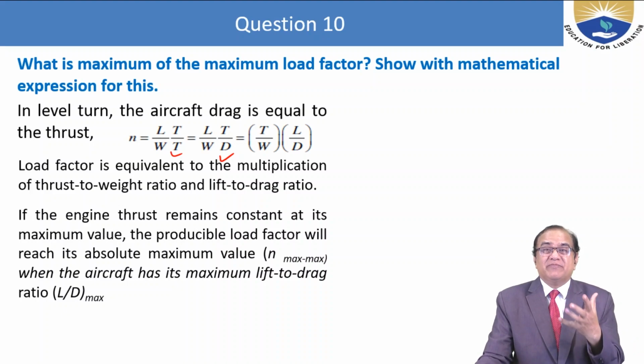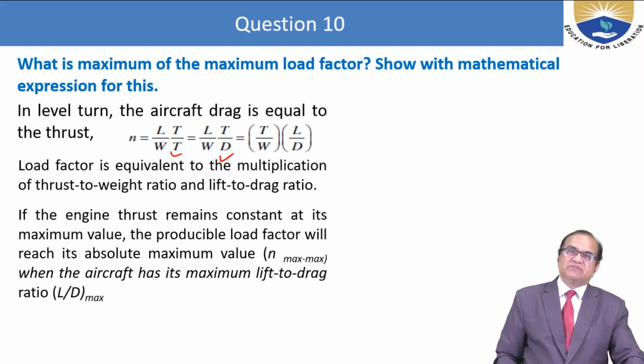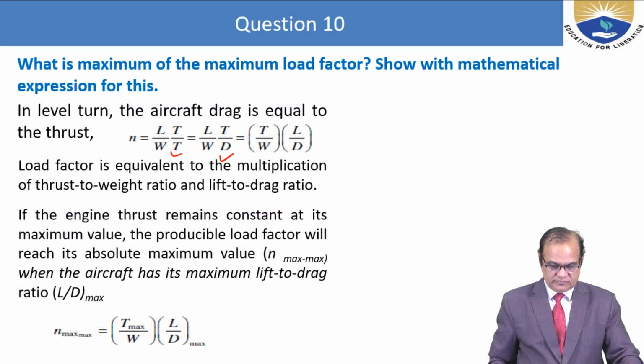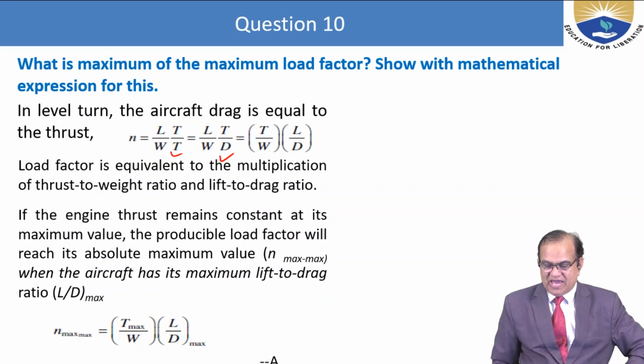Wherever you have L by D maximum, that point will produce the maximum of the maximum load factor, and n max max is equal to T max by W times L by D max.